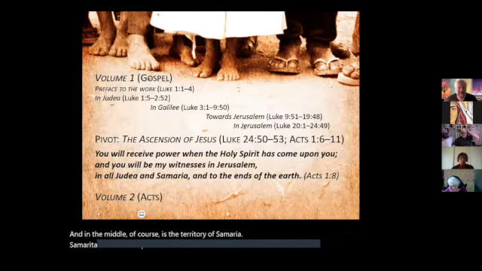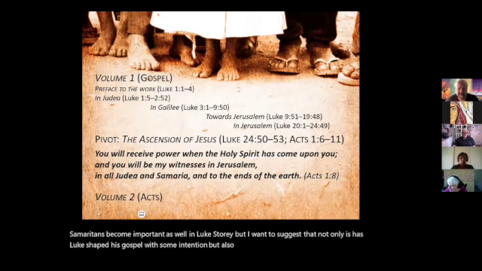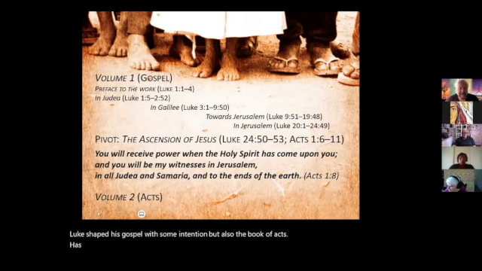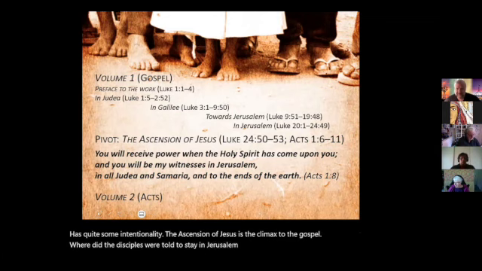But I want to suggest that not only has Luke shaped his gospel with some intention, but also the book of Acts has quite some intentionality. The ascension of Jesus is the climax to the gospel, where the disciples are told to stay in Jerusalem, and Jesus leaves them and ascends into heaven.